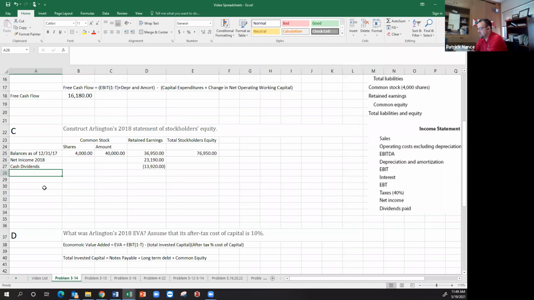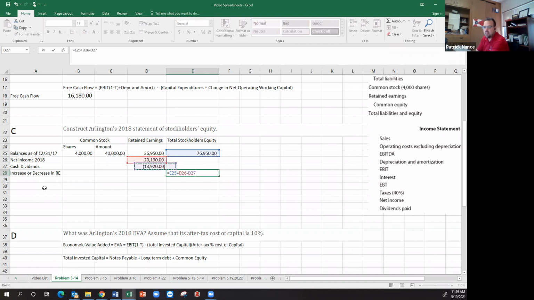And then we can come down to, I'll call this an increase or decrease in retained earnings. So we're going to take the beginning retained earnings plus my net income minus my dividends. Actually, sorry, I want to find the difference first. This is my increase or decrease. I'm going to find the difference in net income plus my cash dividends, which is 9,270.